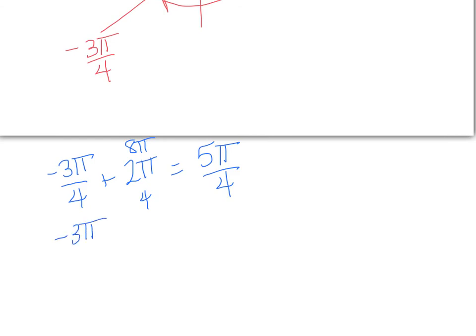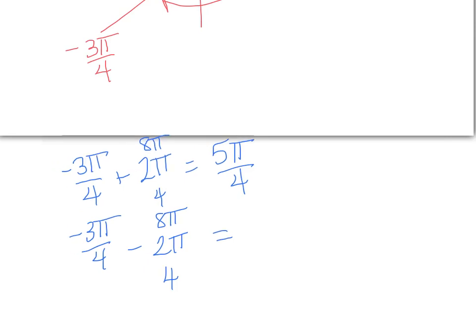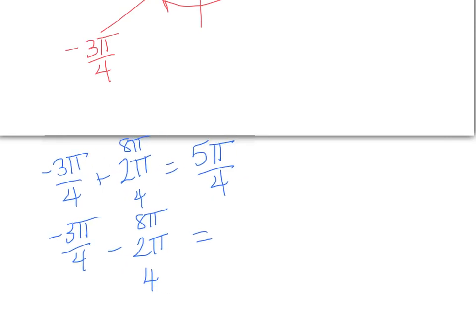Negative 3 pi over 4 and subtract 2 pi, 8 pi over 4. Now we've got negative 3 pi minus 8 pi. So now I have negative 11 pi over 4. So now we know negative 3 pi over 4 is coterminal with 5 pi over 4. It's also coterminal with negative 11 pi over 4.